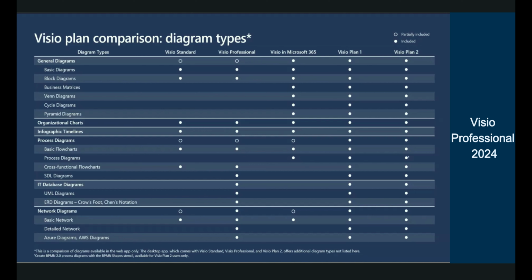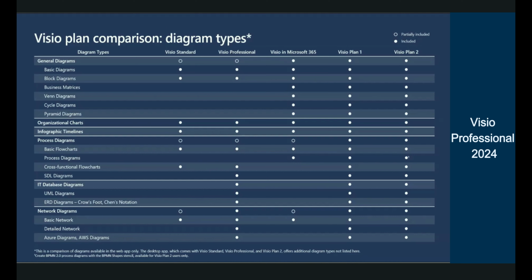This was a very quick overview of the Visio plans, but there is one thing we don't need an overview for, and that is the Visio file format. It has not changed since version 2013, where the new Visio file format, the XML-based file format, was introduced.